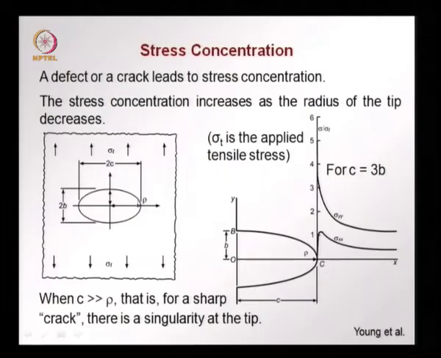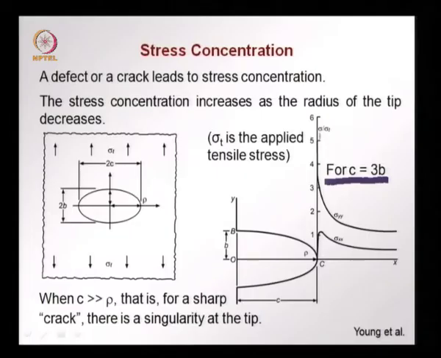So, let us see what happens to the stresses in the vicinity of the crack tip. This is now the crack tip, with a semi length of c, a semi length of b. This is, as I told you, the radius of the crack tip, and if we consider a case of c equals 3b, a solution given in Young, we find that the stress in the direction of the pull caused by the applied stress at the crack tip is almost 5 times the stress applied.